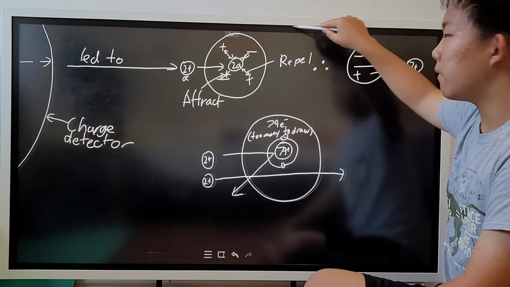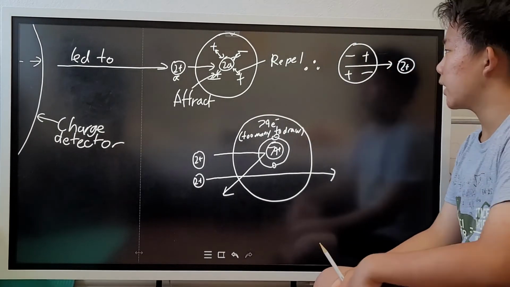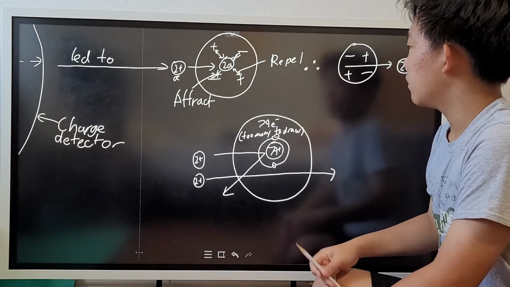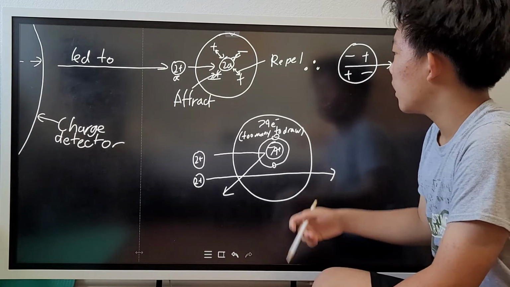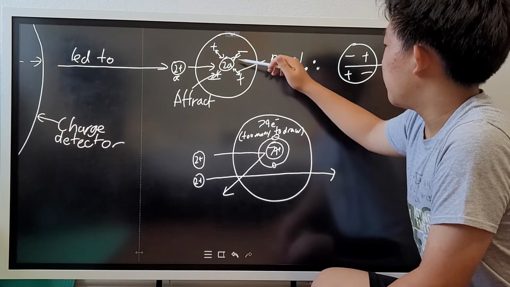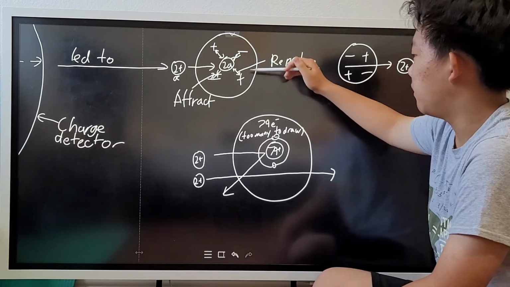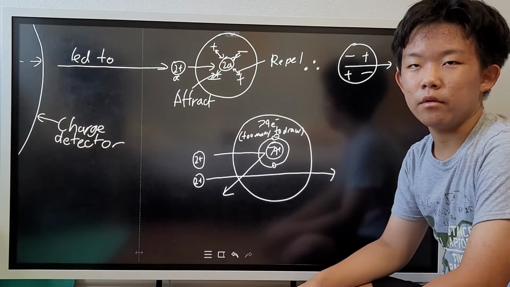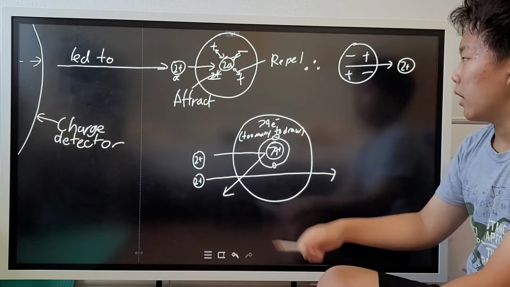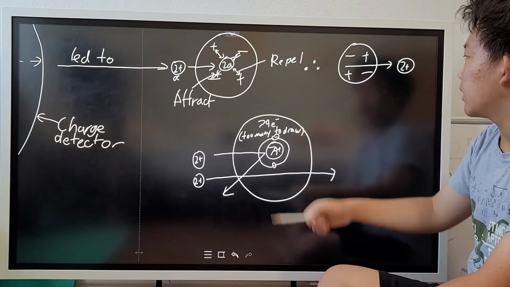However, if the plum pudding theory was correct, this wouldn't be possible. This is because the positively charged alpha particles would be repelled by the positively charged particles inside the atom, but attracted by the electrons.